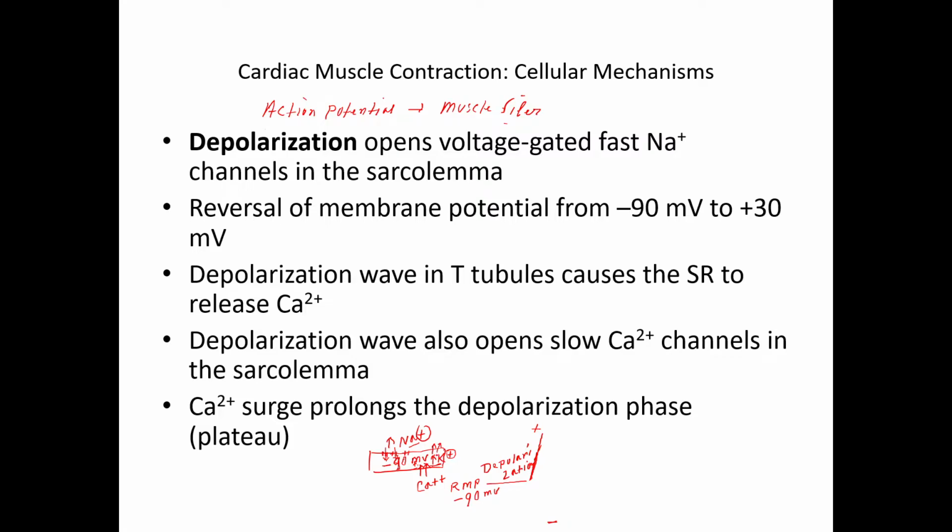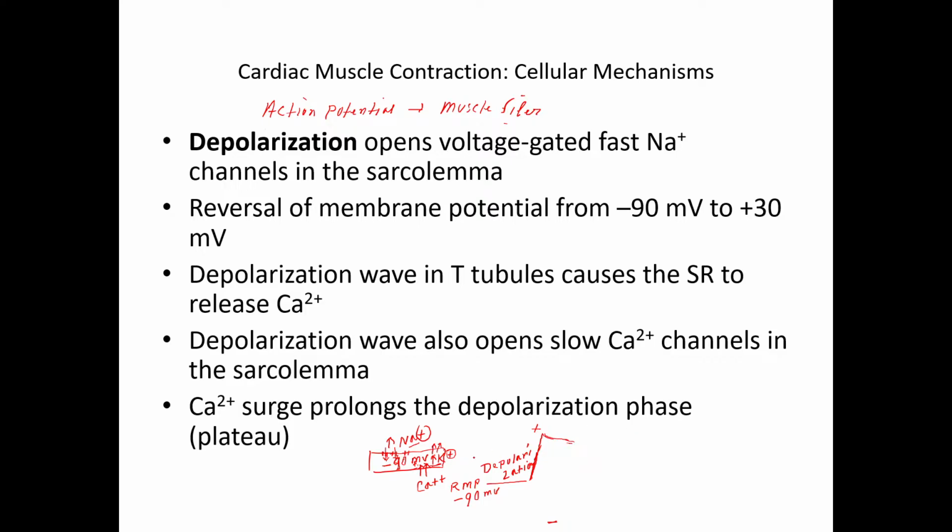So they will cancel each other. Positive getting in, positive getting out. So since those two things are happening together, the membrane potential, that means inside the muscle fiber, the voltage will not change. So it will stay the same for a while.